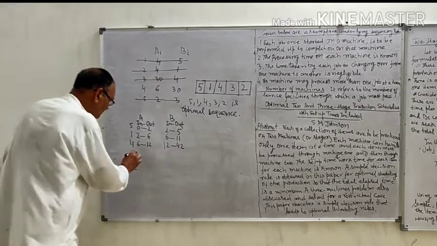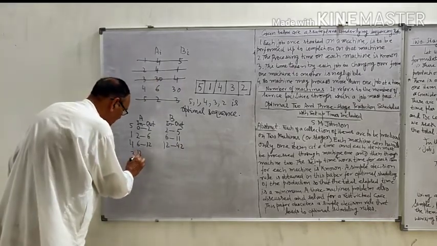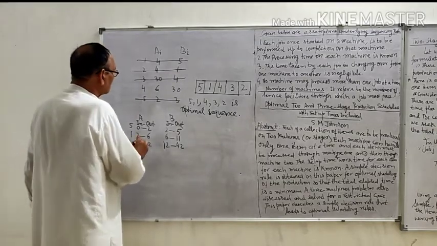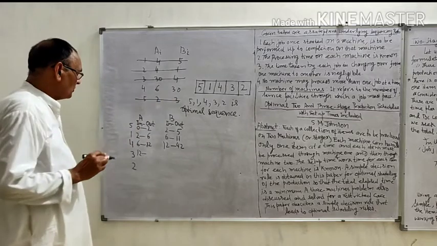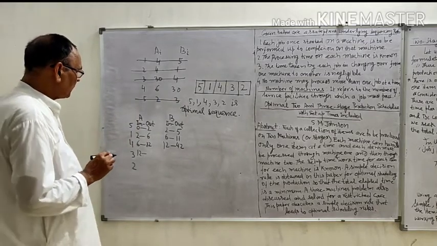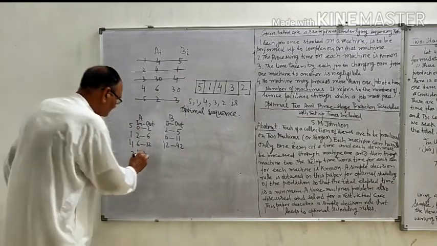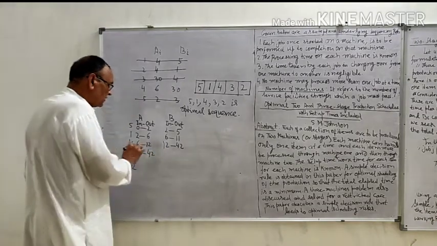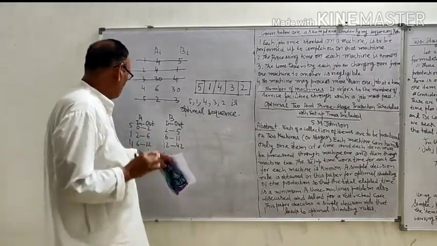And now third job, machine A is available at 12, and the third job processing time for machine A is 30, so 42. Now there is no problem.